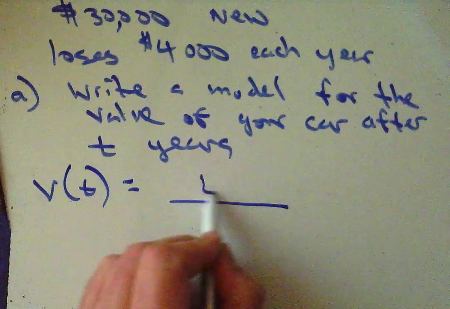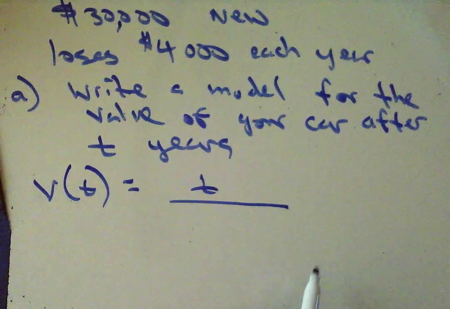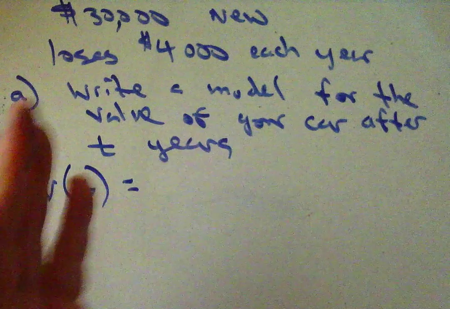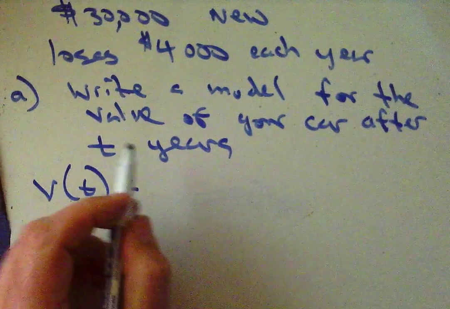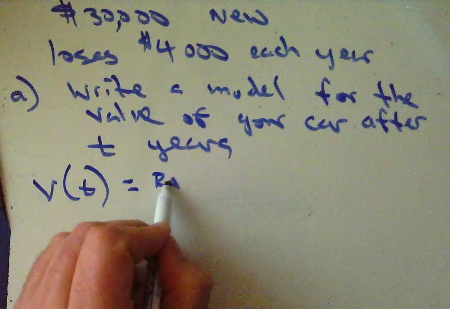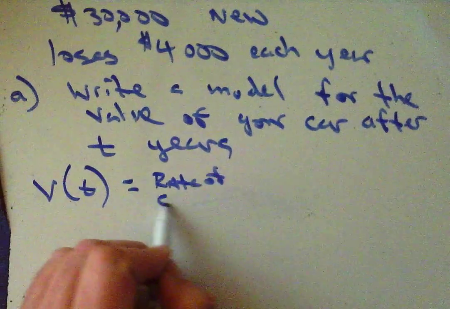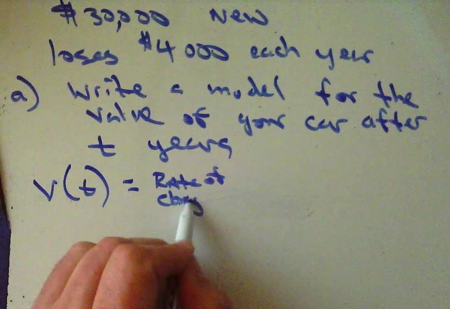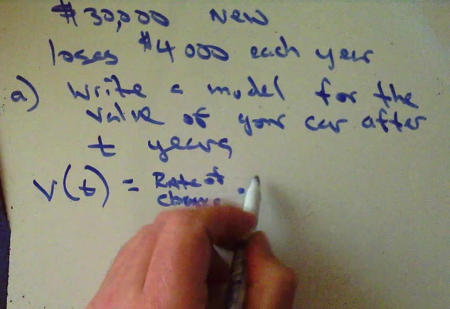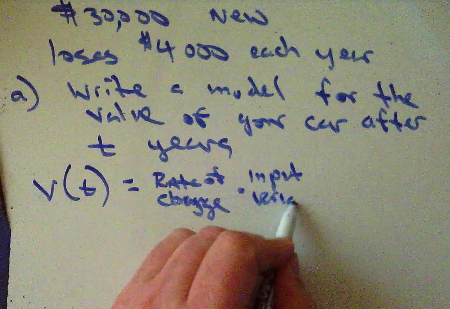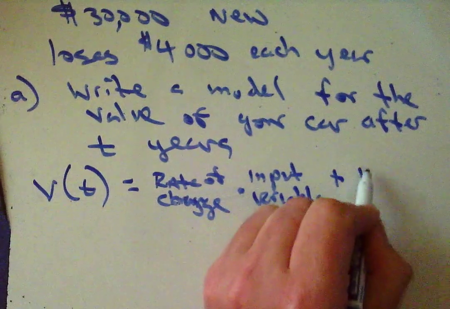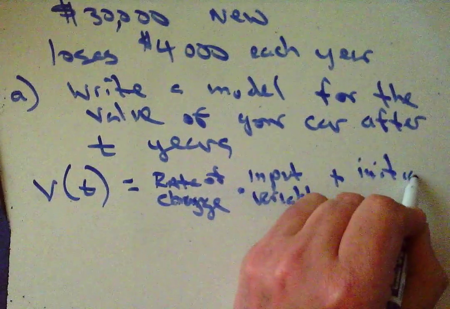It means I need to have a t over here. I'm also told that these are all linear word problems. So I'm looking for that same rate of change times our input variable plus the initial amount.